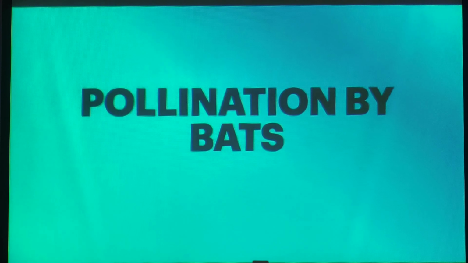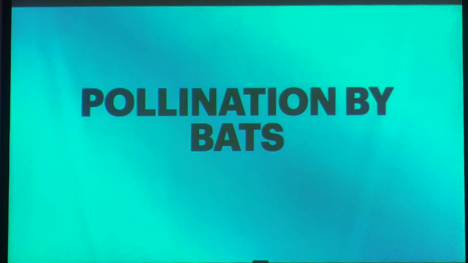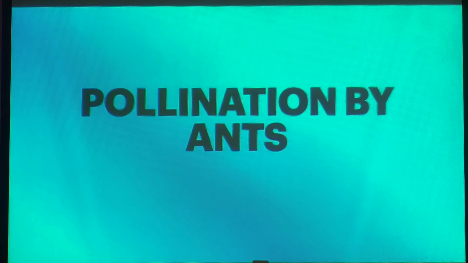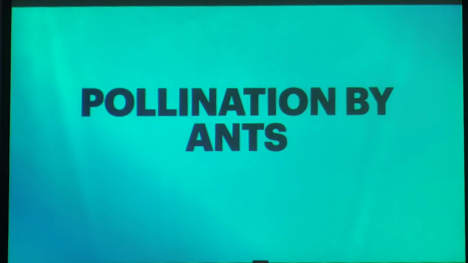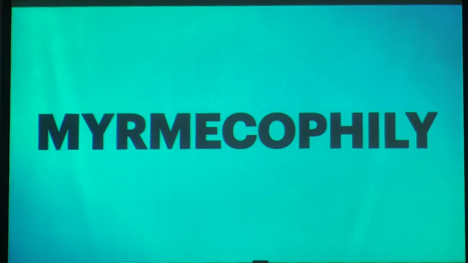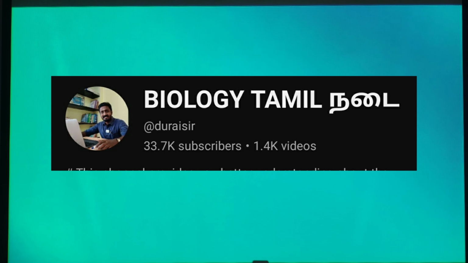Pollination by bats is called Chiropterophily. Pollination by ants is called Myrmecophily.